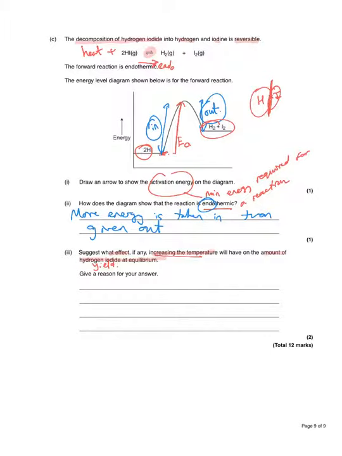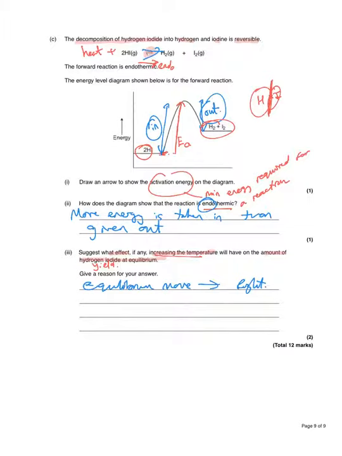So if I try and put even more heat in, what's going to happen is the equilibrium is going to move to reduce the heat. So the equilibrium will move right, okay, because if I've already got more heat on the left hand side, so if I put more heat in, the equilibrium is going to have to shift that direction.